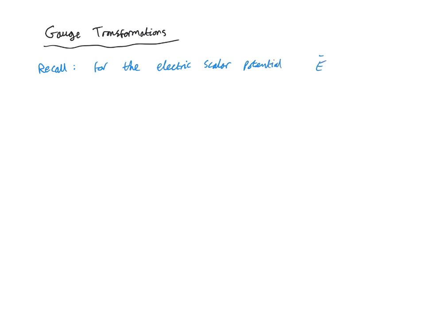So we define the electric field in terms of the gradient of the scalar potential, V. And then the question is, is the potential unique?